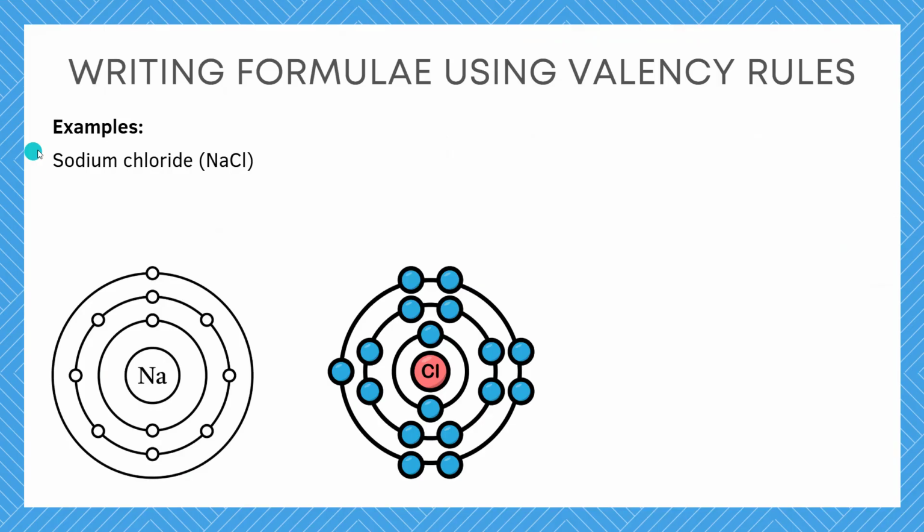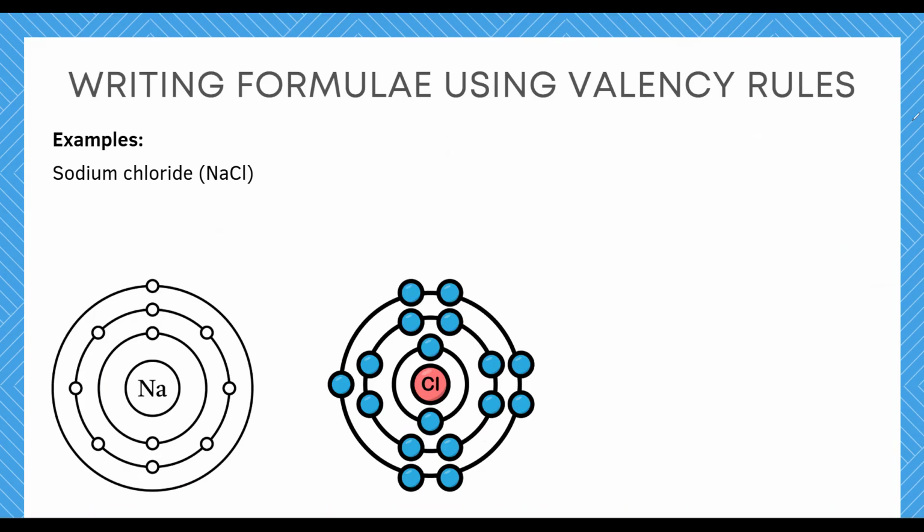All right. So now this is sodium chloride. What is step number one? Write the symbols of the elements. Okay. What are the symbols of the elements? Na. Na stands for what? Sodium. Good.